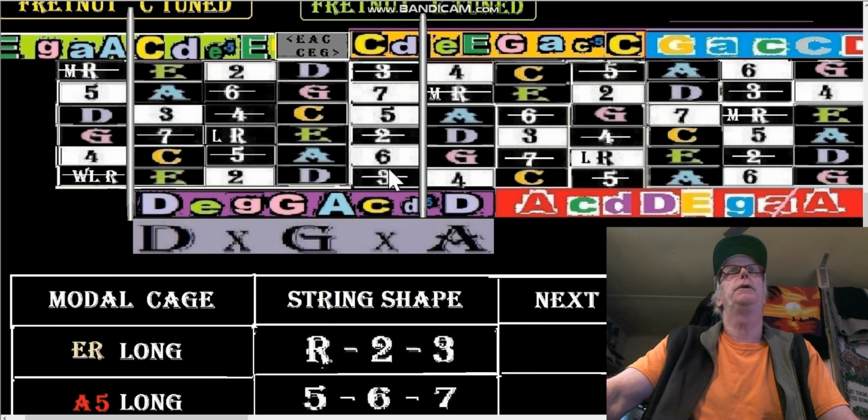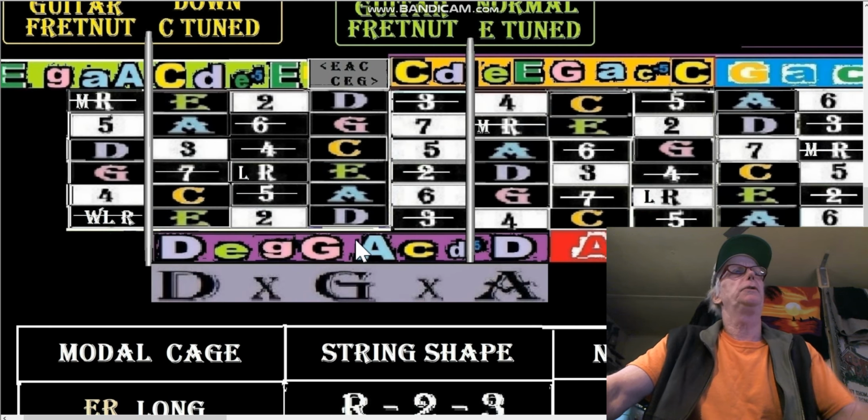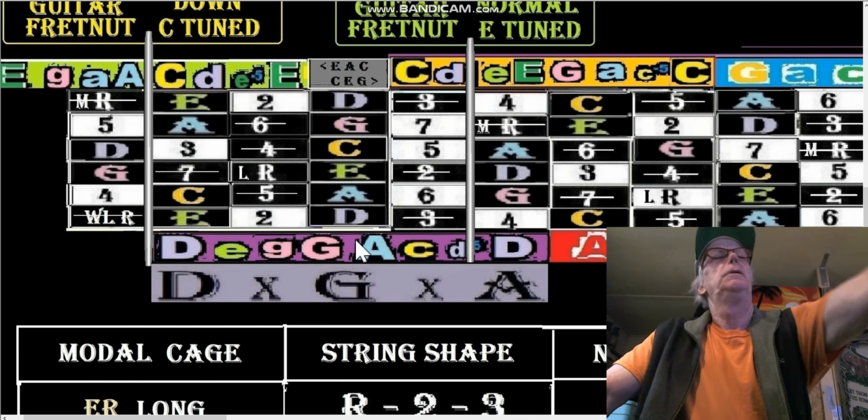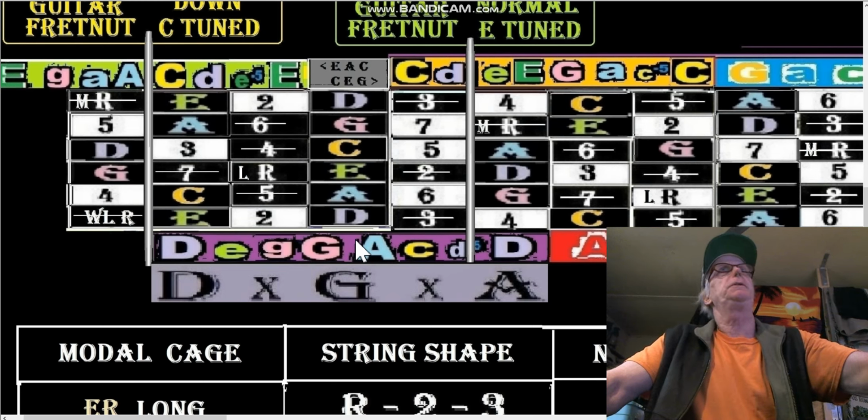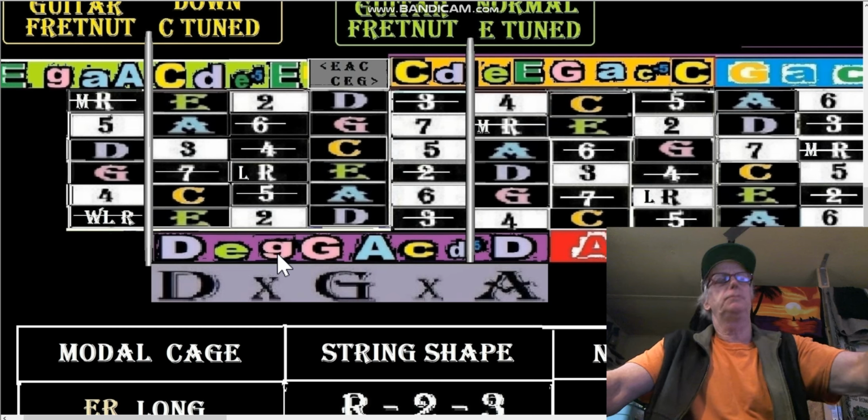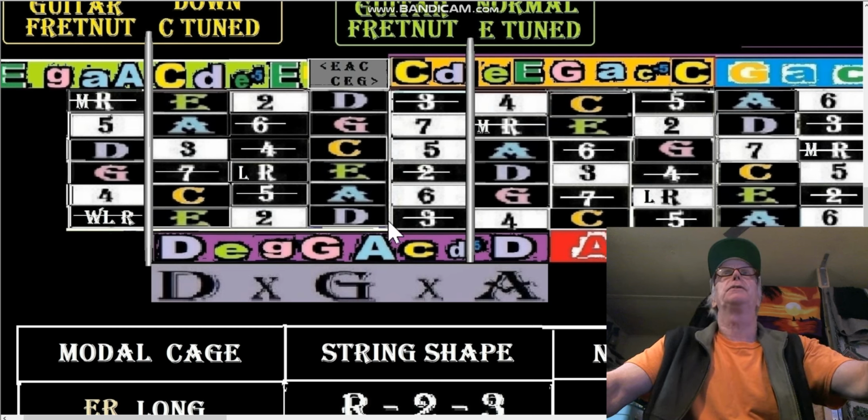Now that's a good point. So we're doing the E minor. So if it's going to be a G minor shape, it's going to be root, 3 5 7. So here's 3 5 7 3 5 7 3 5. So we play that. That's good.